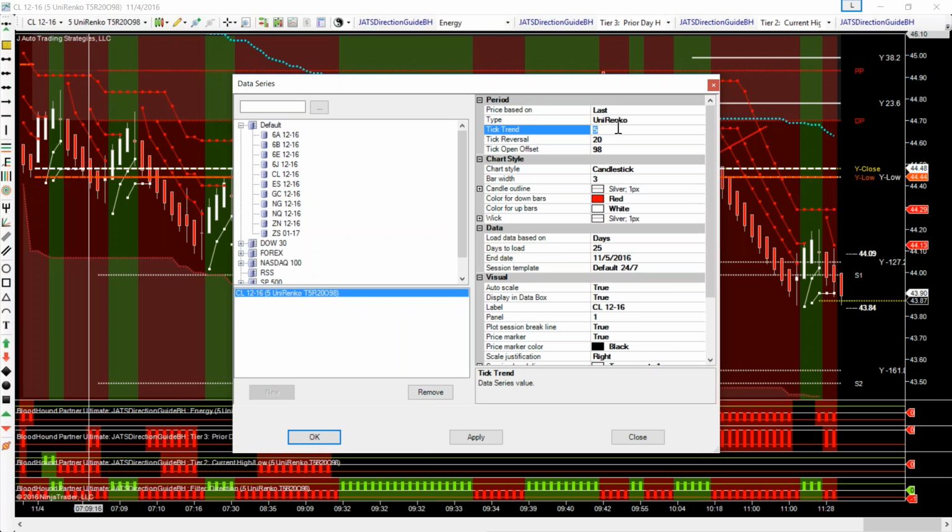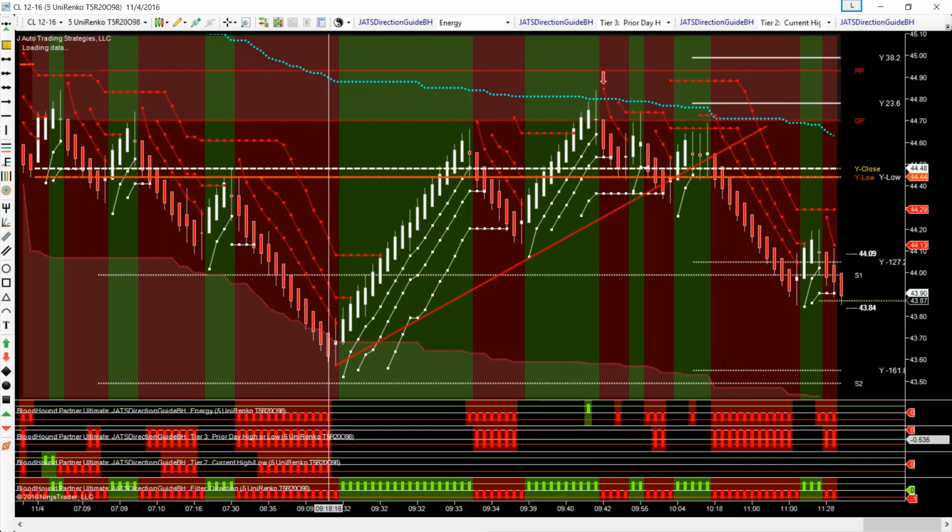There are other settings that I will use. A 9-18 will work real well with that 3-6 bar combination.